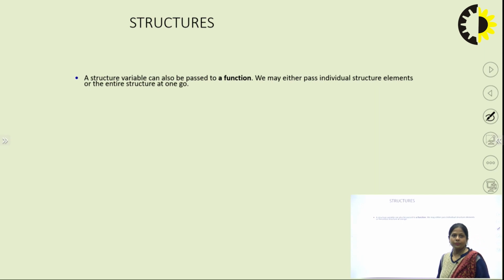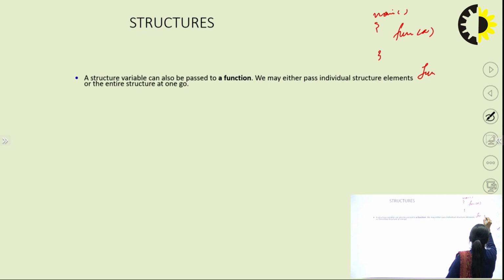In fact, we can also pass a structure variable to a function. Like we have seen, we can pass a normal variable to a function, like function A, suppose you are calling it from main.